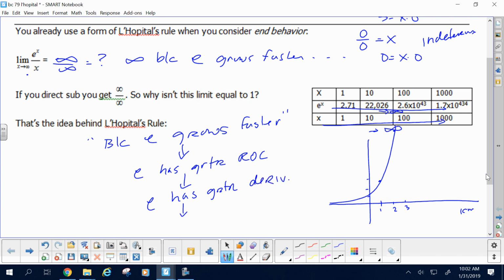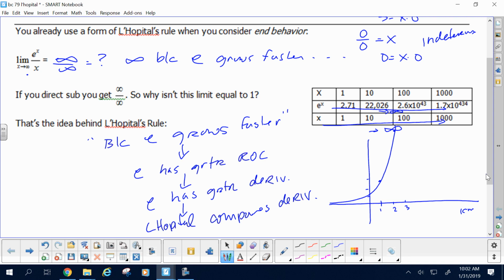L'Hopital then compares derivatives. To know which grows faster, you need to know which one grows with a bigger derivative. L'Hopital's rule then says, rather than take the limit on the function you see, take the limit of their derivatives.